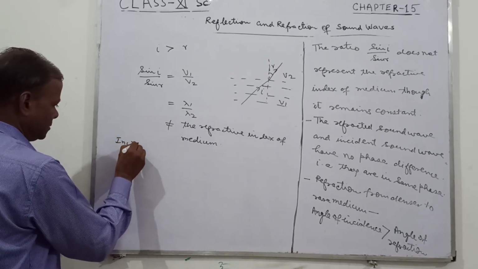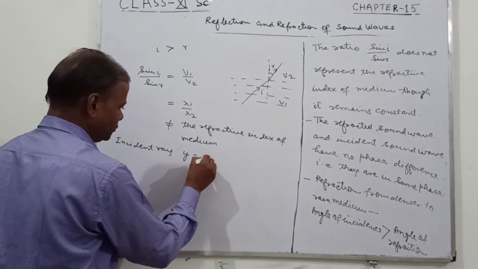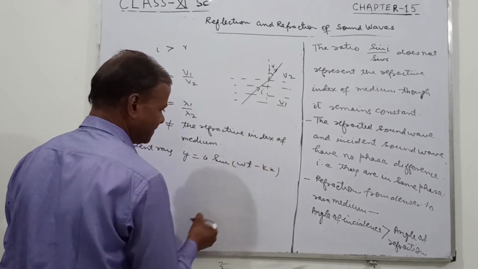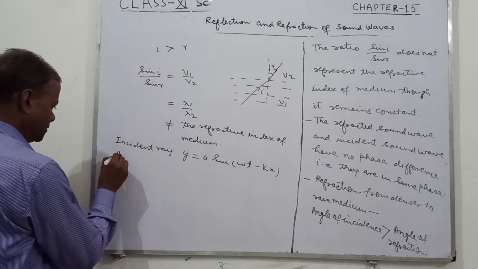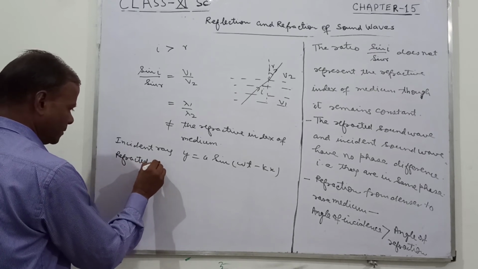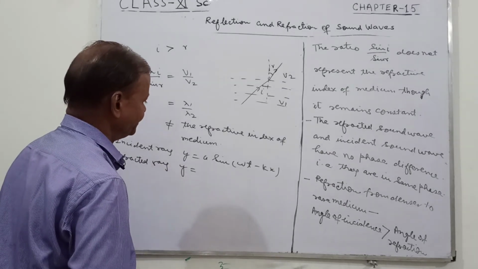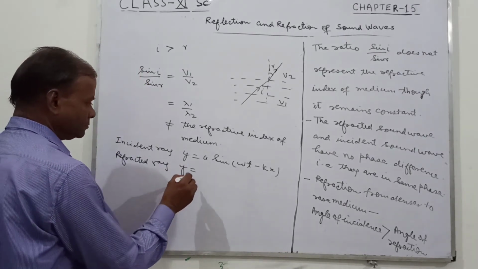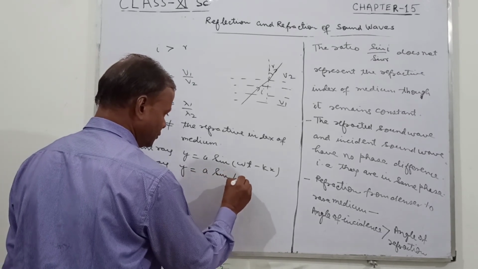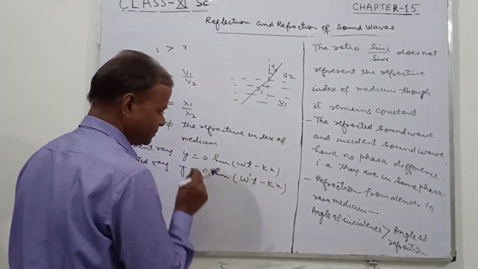Incident ray: y equals a sin(omega t minus kx), and refracted: y equals a sin(omega dash t minus kx).